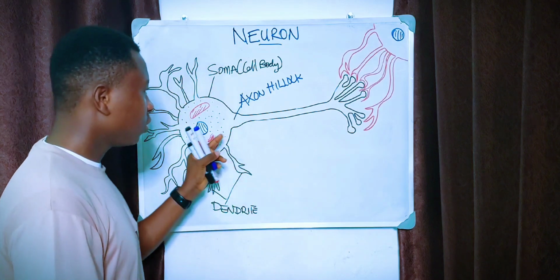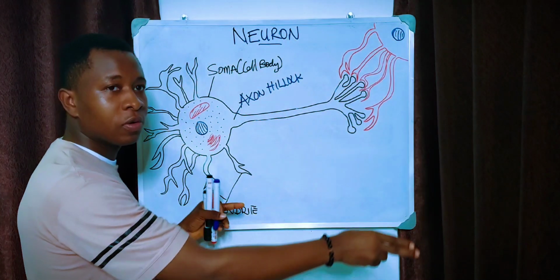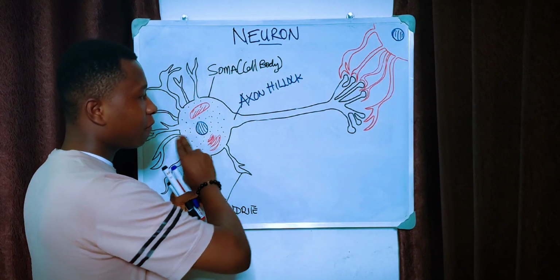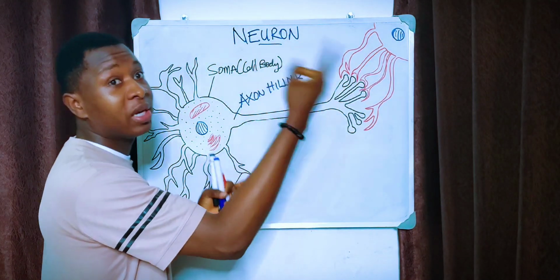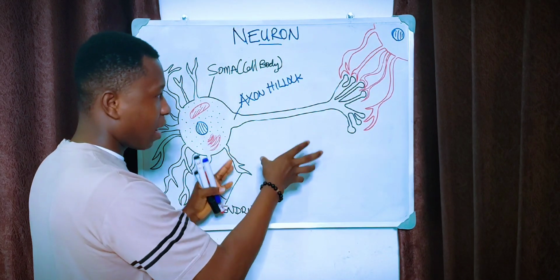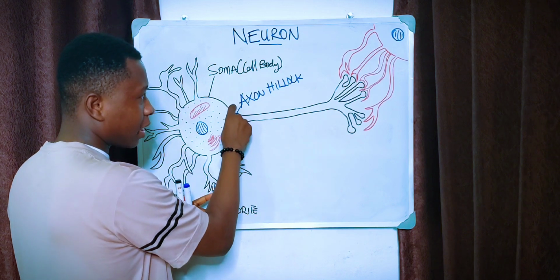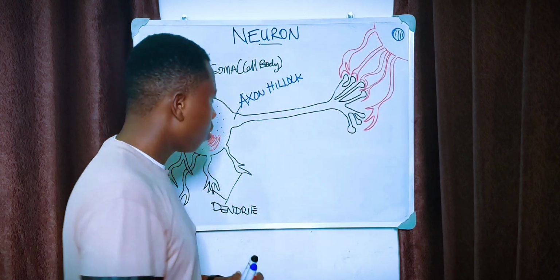So there's that action potential that moves the impulses straight to the terminal and it jumps into the next neuron. Here, the axon hillock generates action potentials.